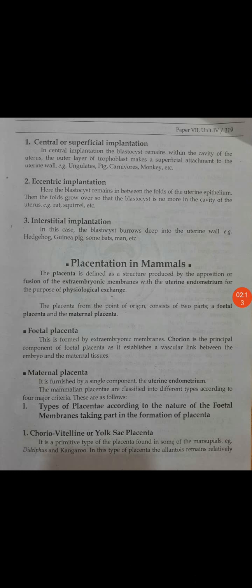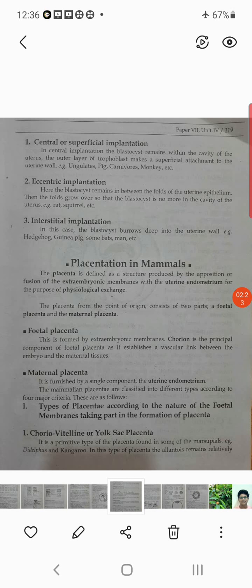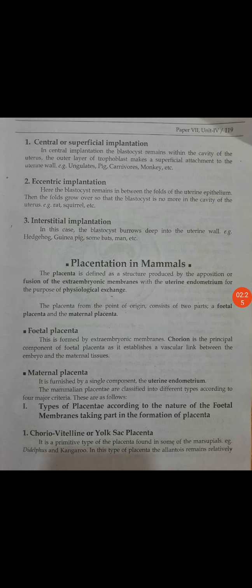Now maternal placenta, same way. It is furnished by a single component, the uterine endometrium. This is the layer of the uterus. Okay. So the mammalian placentae are classified into different types according to four major criteria.